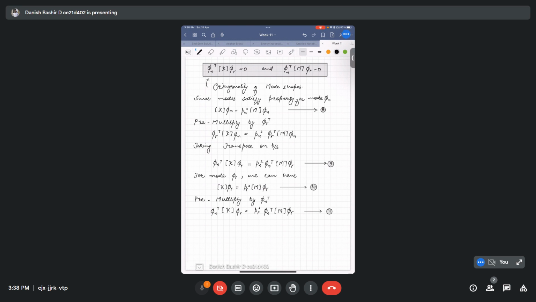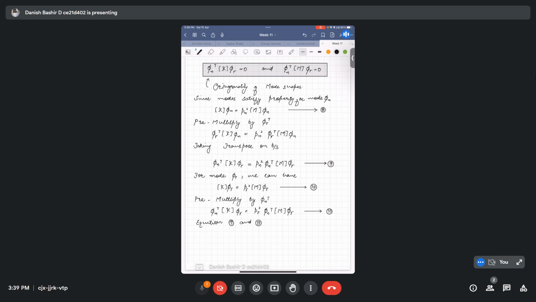So if we look at equations 9 and 11, in 9 the LHS is phi n transpose k phi r, and in 11 it's also phi n transpose k phi r, so both RHS will be equal.